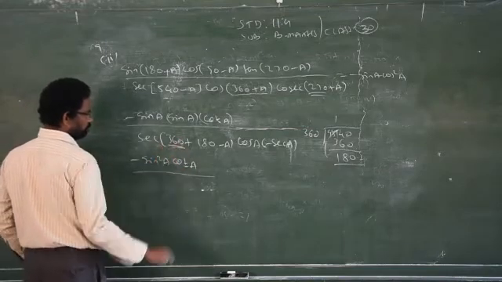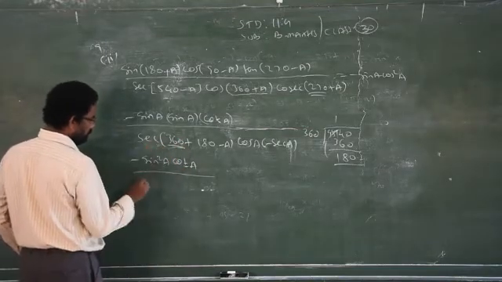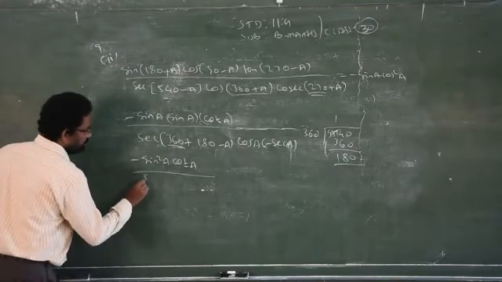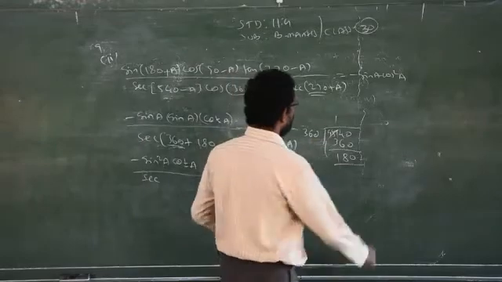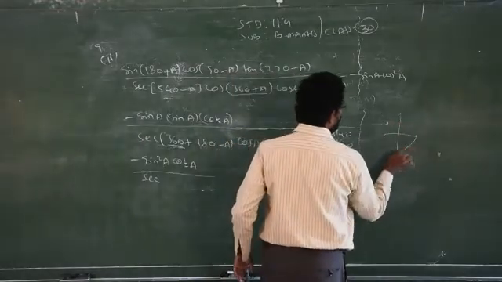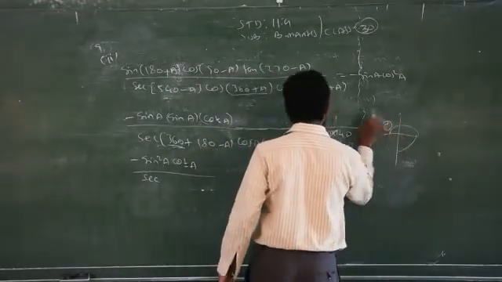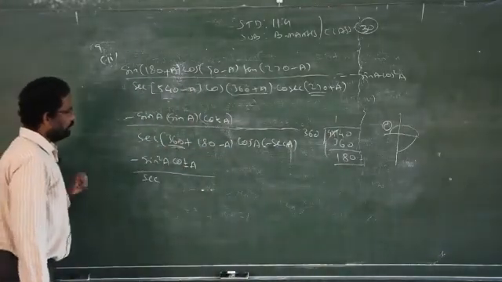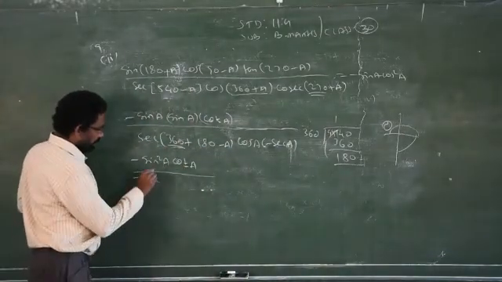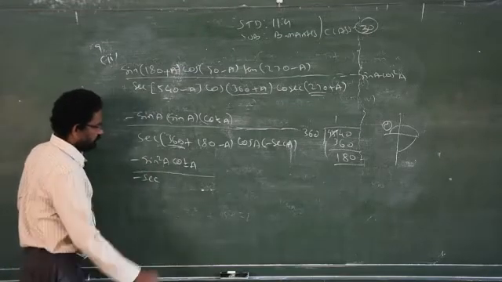Any changes? No changes. So you can write secant 540 will be 180. So 180 falls on which quadrant? Sine alone is positive, the remaining will be negative. Therefore what will come here? Minus.